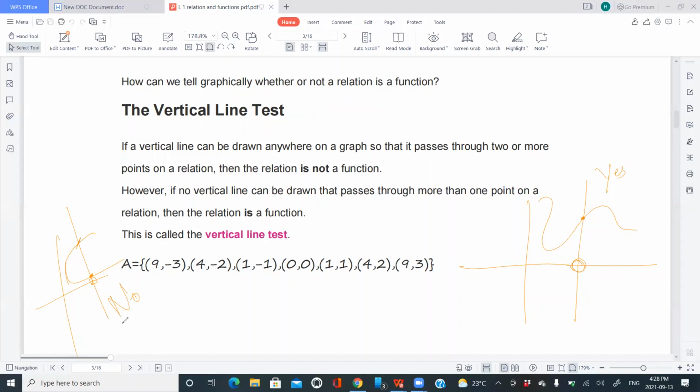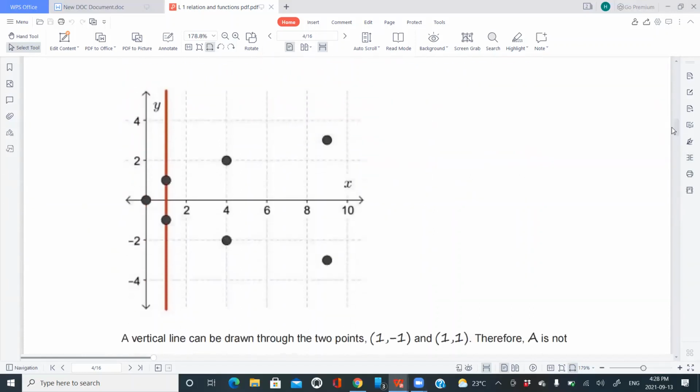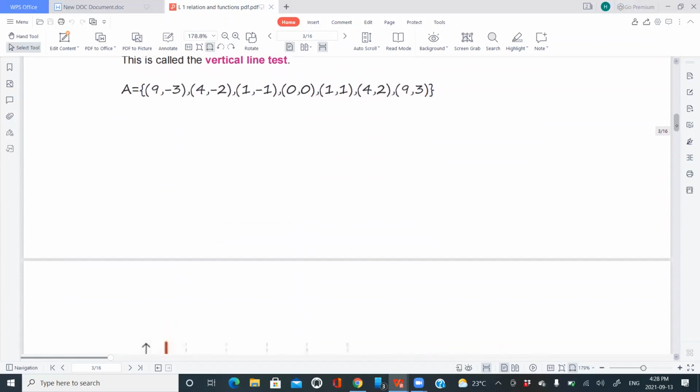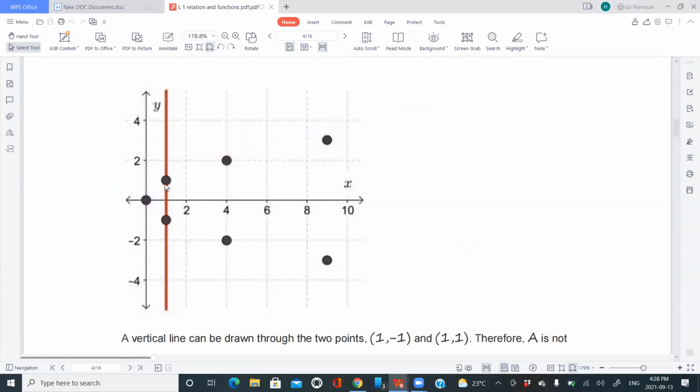Got it? Okay, so we will move down again. Look, they have plotted the ordered pairs which we were given in the previous question. They have drawn the vertical line test, and for this single value of X, it is giving us two outputs.